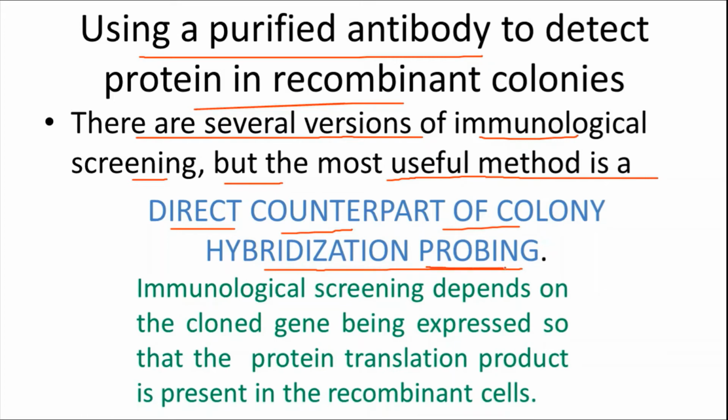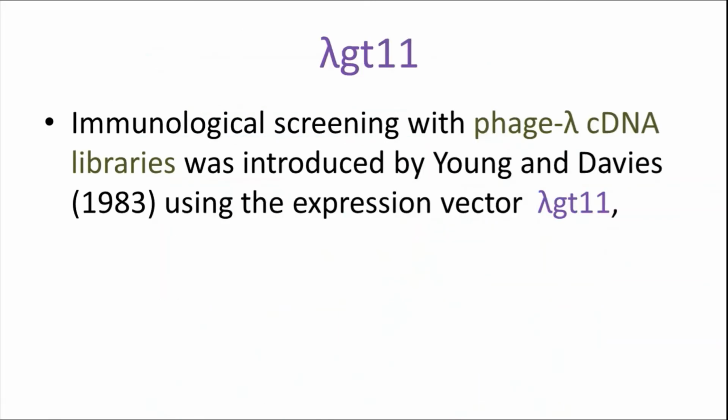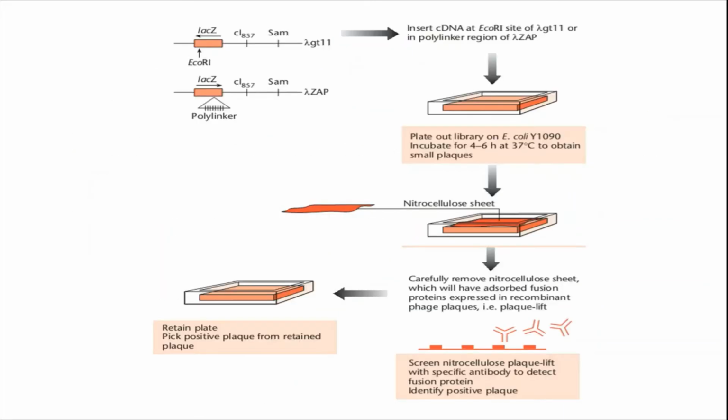So immunological screening depends on the cloned gene being expressed, so that the translated protein product is present in the recombinant cells. We prefer this method, especially this specific method. Okay. This is the colony hybridization direct probing method.